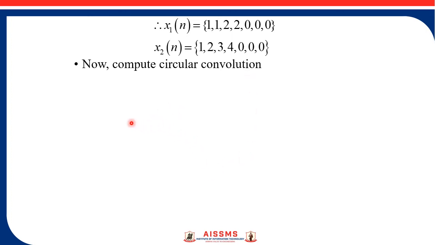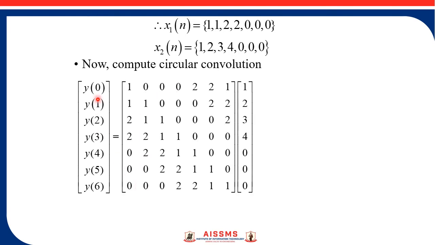Again I am going to use the matrix method to compute circular convolution. The output vector, y0 to y6, contains 7 samples, and one input sequence, that is x1(n) = 1 1 2 2, I have written vertically, and this is 7 samples.